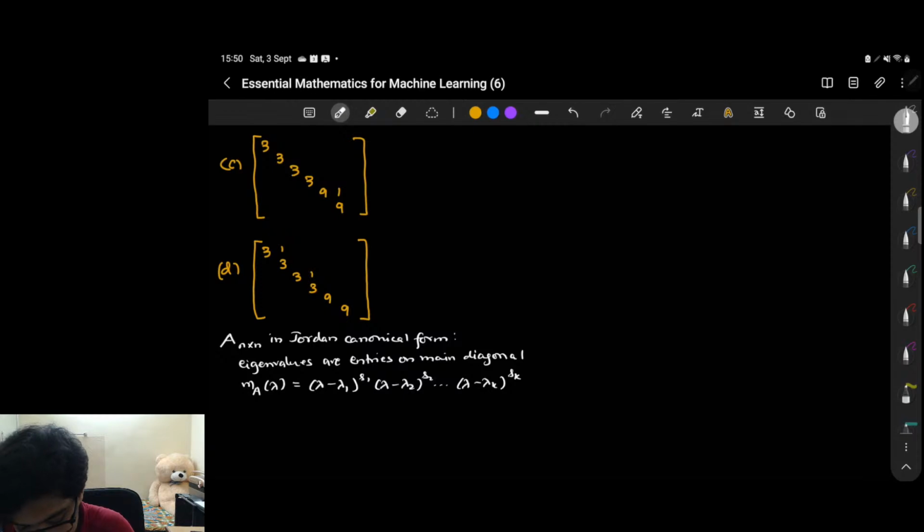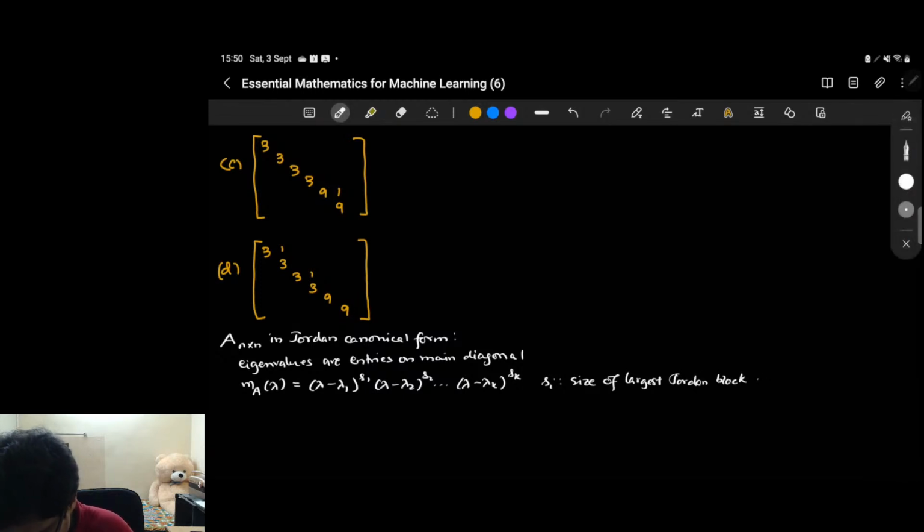We have k eigenvalues, lambda 1, lambda 2 up until lambda k, and each s_i in this is the size of the largest Jordan block corresponding to the eigenvalue lambda i. And then the characteristic polynomial would be given as follows.